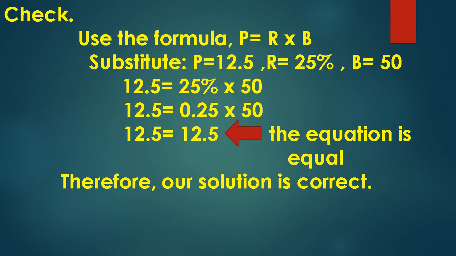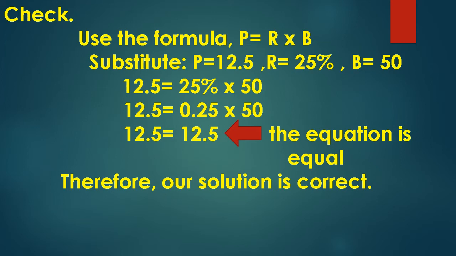Check. Use the formula P is equal to R times B. We are going to substitute. P is equal to 12 and 5/10. R is equal to 25%. And B is equal to 50. So the percentage 12.5 or 12 and 5/10 is equal to 25% times 50.